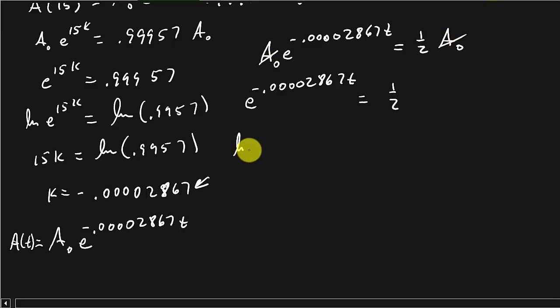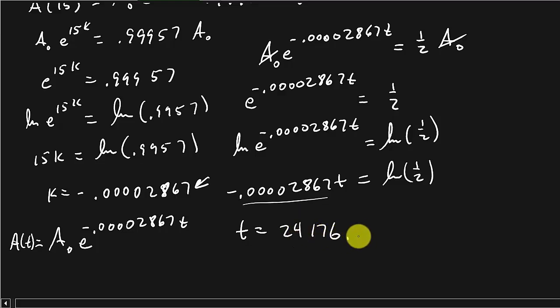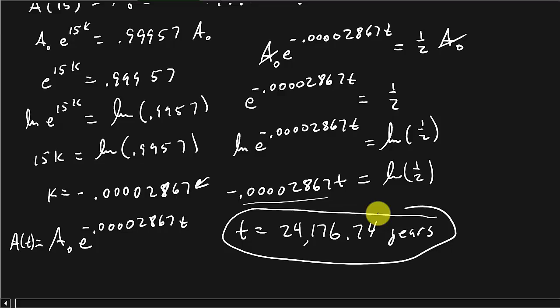So we take the natural log of both sides, and that gives me negative 0.00002867 t equals natural log of 1/2. I'm going to divide both sides by that number, and that gives me 24,176.74 years. So 24,176 years would be the half-life.